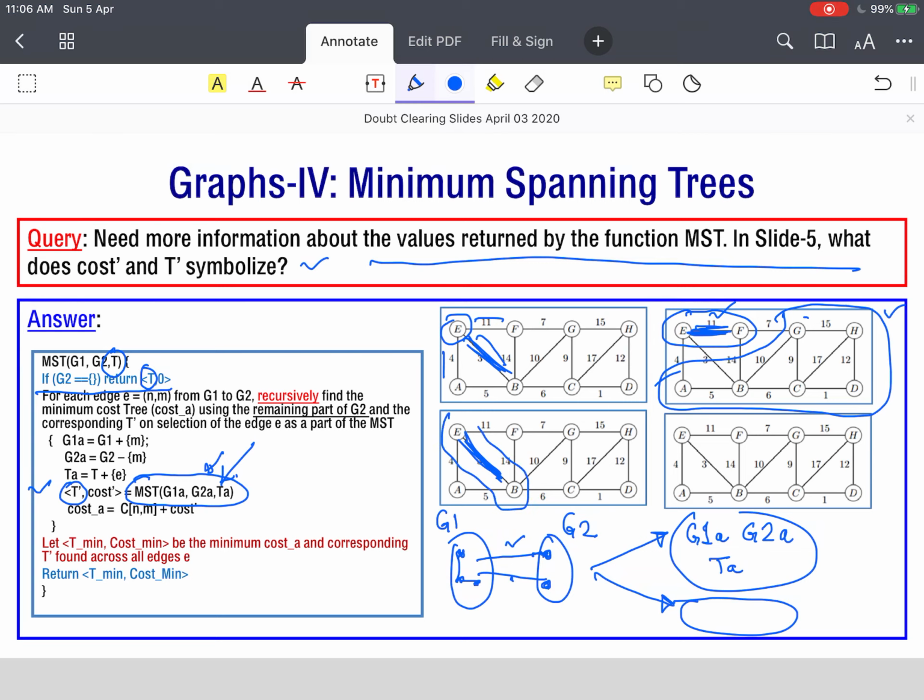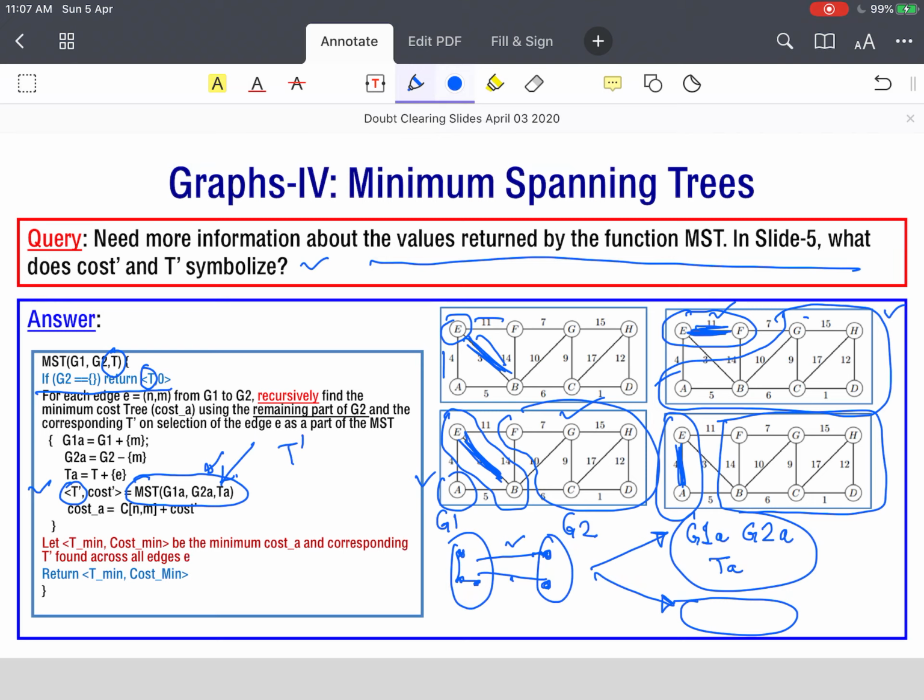Similarly, if we chose this edge, that means here, then this would become G1A and this plus this would become G2A and whatever comes back. Similarly, if we had chosen this edge, then this would become G1A and this would become G2A.